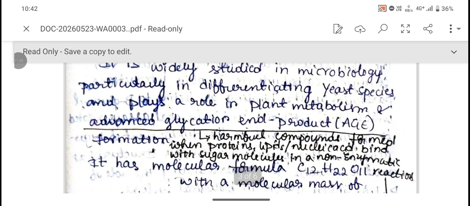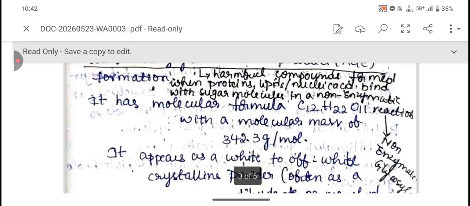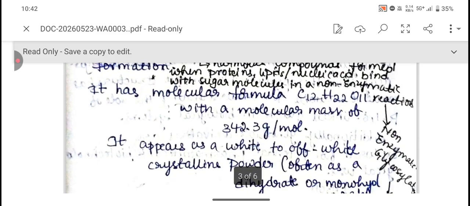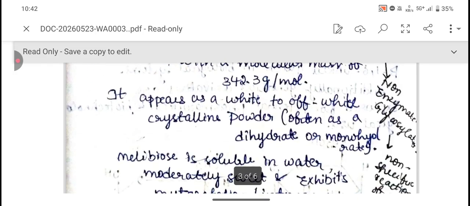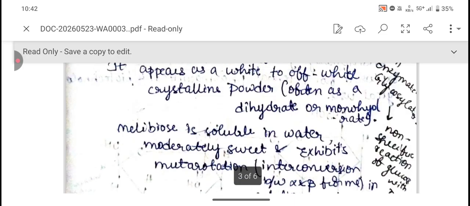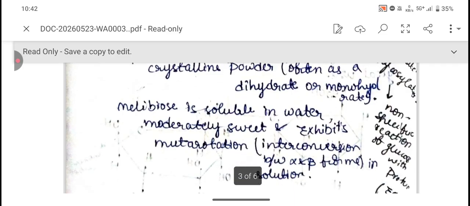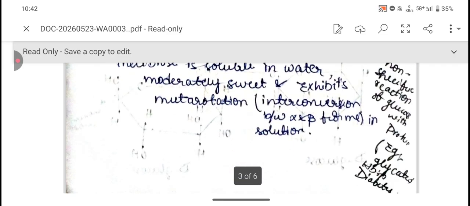So these are harmful compounds formed when proteins, lipids or nucleic acids bind with sugar molecules in non-enzymatic reactions. It leads to non-enzymatic glycosylation, which means no enzyme is involved in the process. It leads to non-specific reactions of glucose with proteins, and to conditions like diabetes.